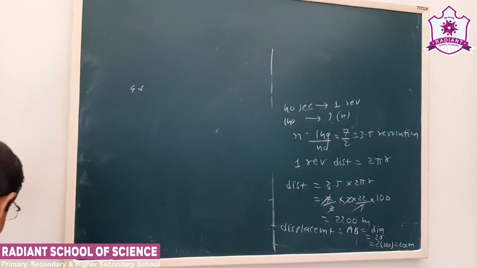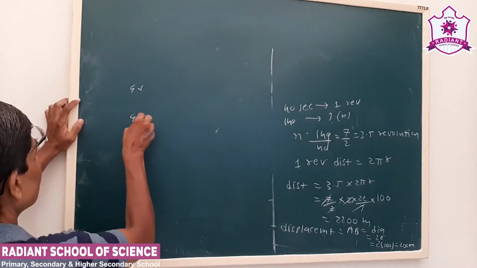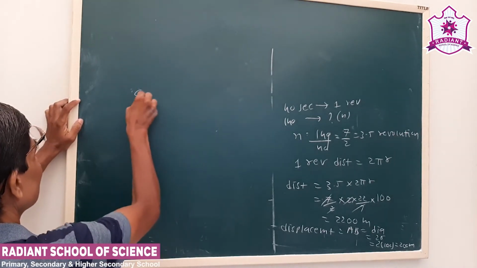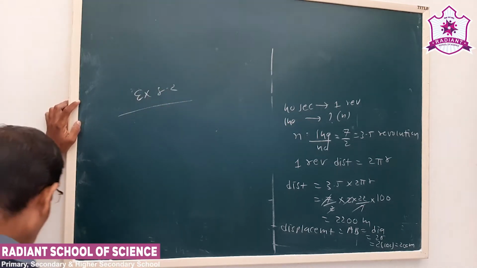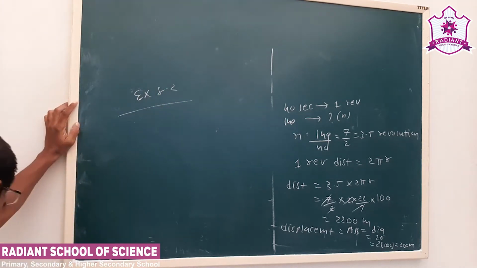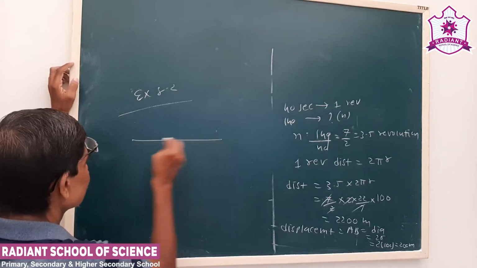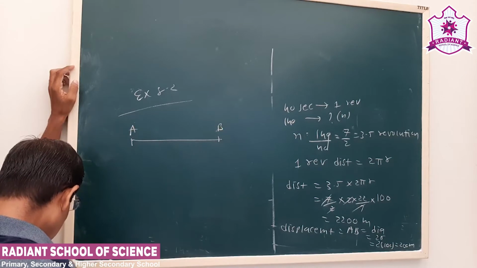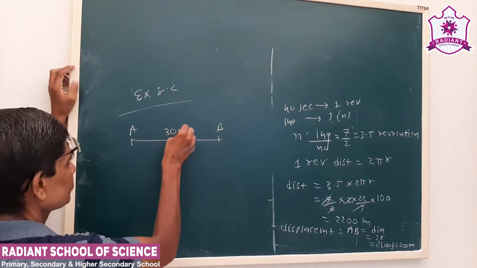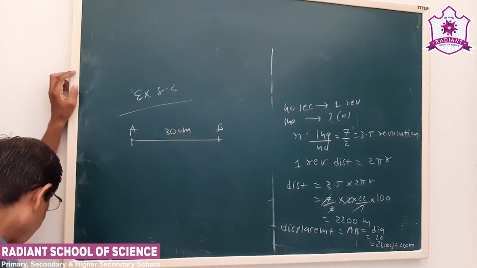Now exercise number 8.2. Joseph jogs from one end A to the other end B of a straight road of 300 meters in 2 minutes 30 seconds.